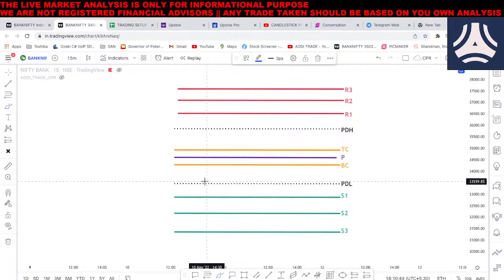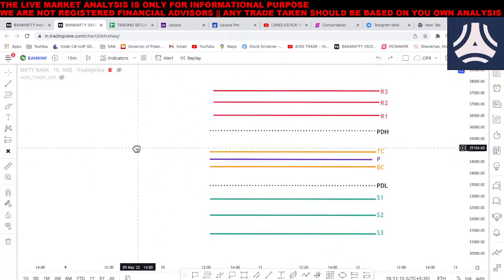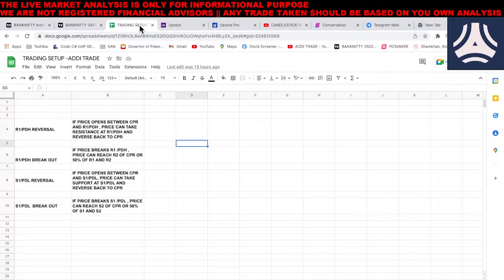That is nothing but if the previous day low and S1 break, most likely we will hit S2, or if the gap is too wide, we might even keep a target at 50% of S1 and S2. So these are the four setups that I just explained.